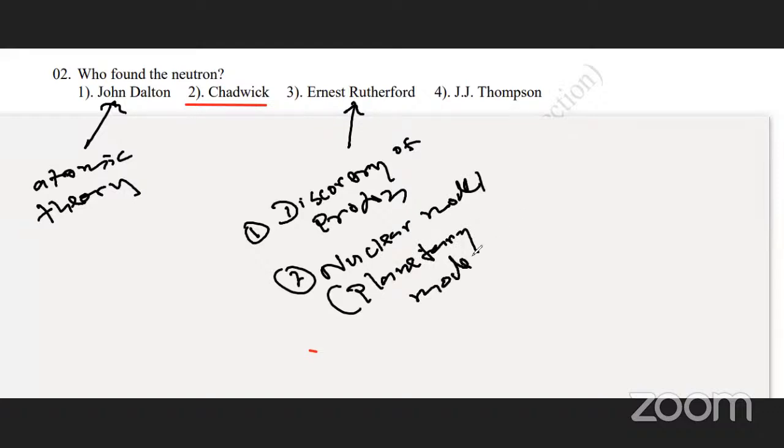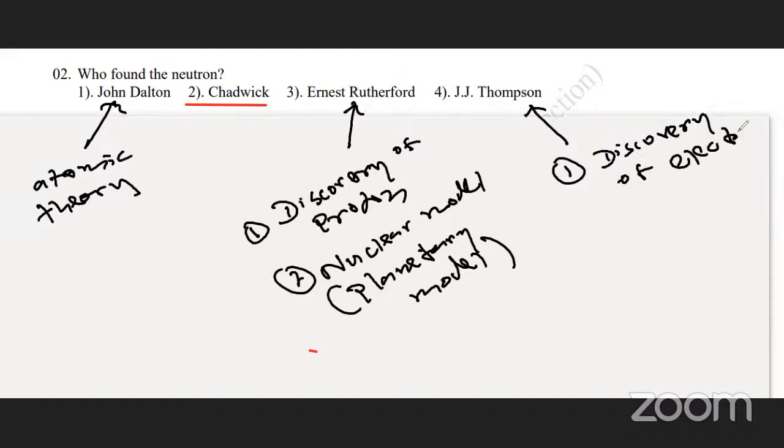Then J.J. Thomson: discovery of the electron, and Thomson's atomic model, or we call it the plum pudding model of the atom. So this is important for MCQs. Question number 2 answer is the second one.